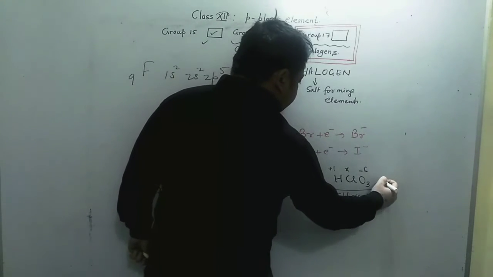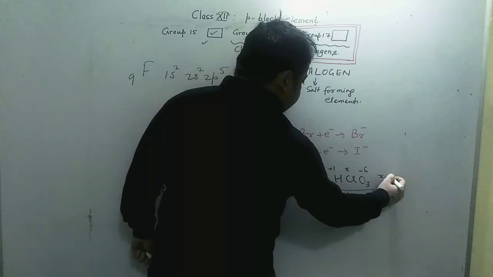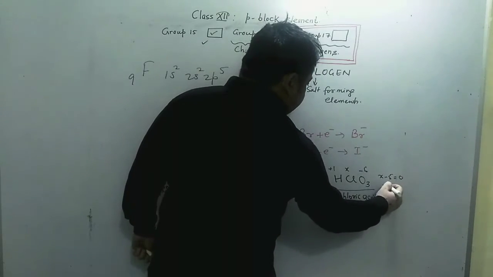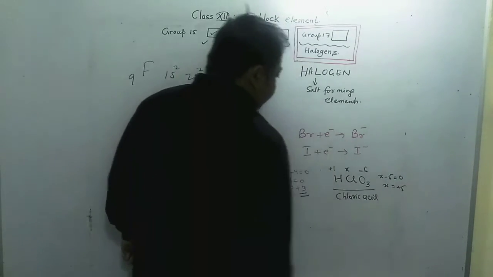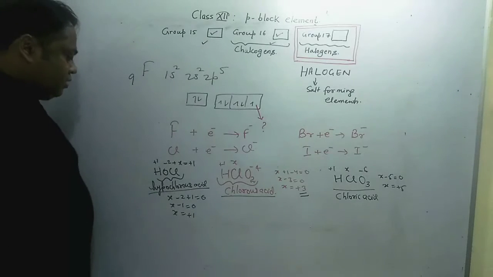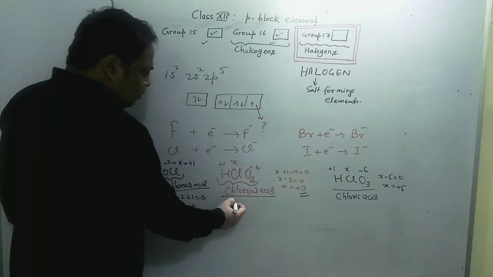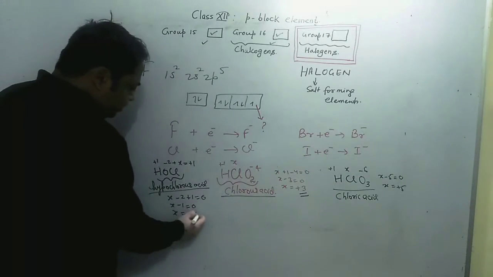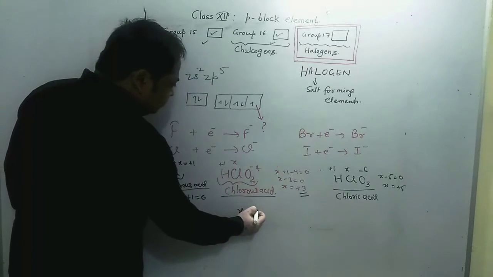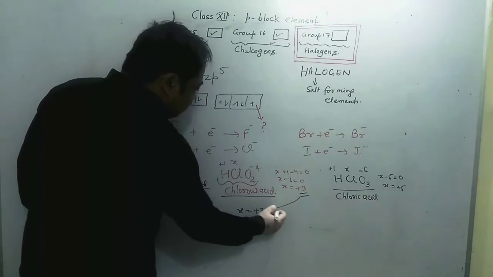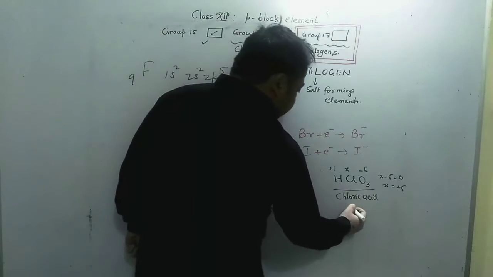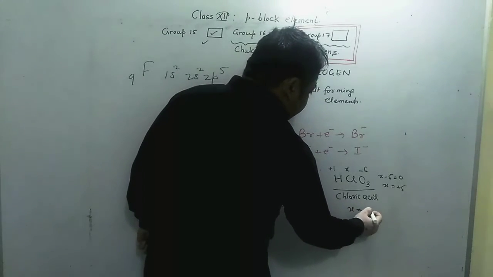So x minus 5 will be equal to 0 and x will be equal to plus 5. So see here, chlorine's oxidation state here was plus 1, here it was plus 3, here it is plus 5.